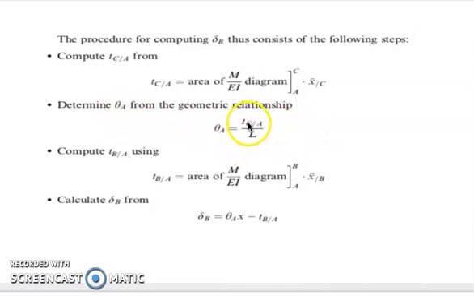Theta A is equal to the tangential deviation of point C with respect to A over L. And we have to compute the tangential deviation of point B with respect to A using this equation, the area of the M over EI diagram from A to B multiplied by x bar relative to B. And we can now compute the displacement at point B from this equation. The displacement at point B is equal to theta sub A times x minus the tangential deviation of point B with respect to A.